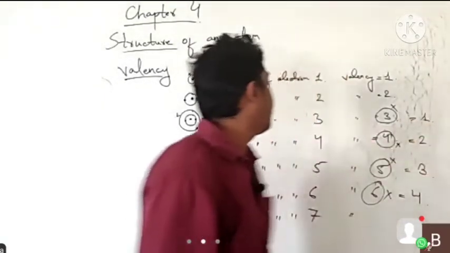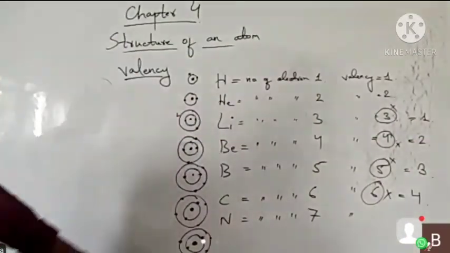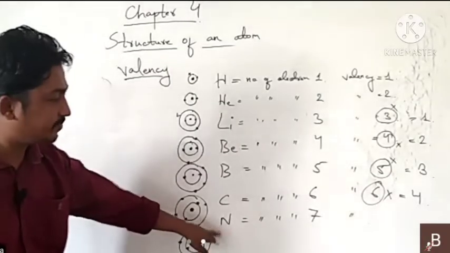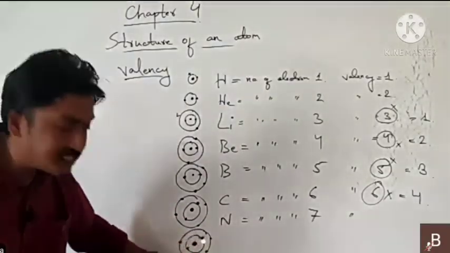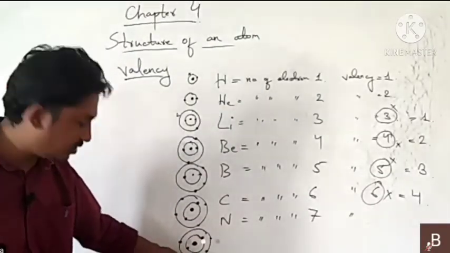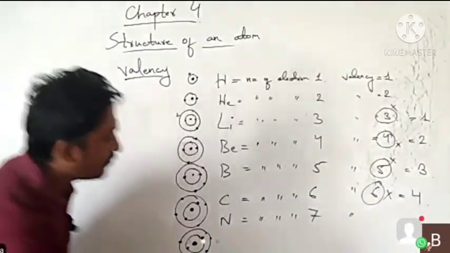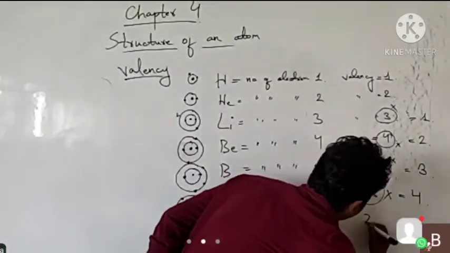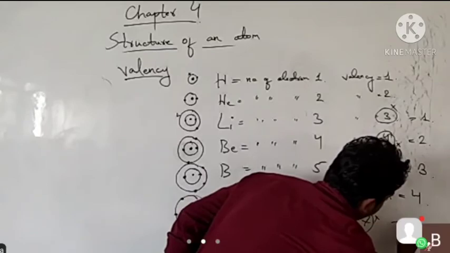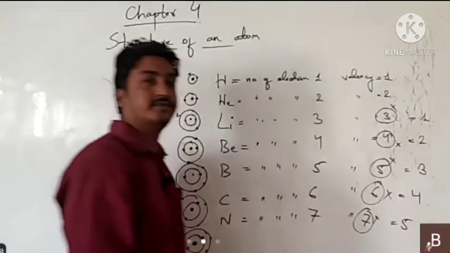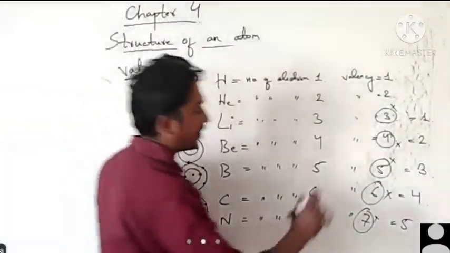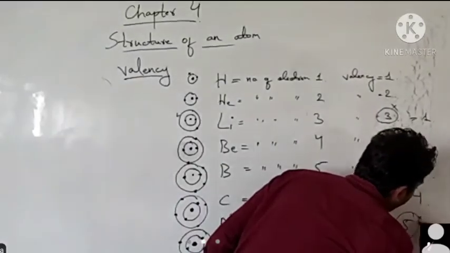But in case of nitrogen, in the outermost cell the number of electrons is 5. We can't write 7 here. Can you write 5? No, we can't write valency 5 also. Why?